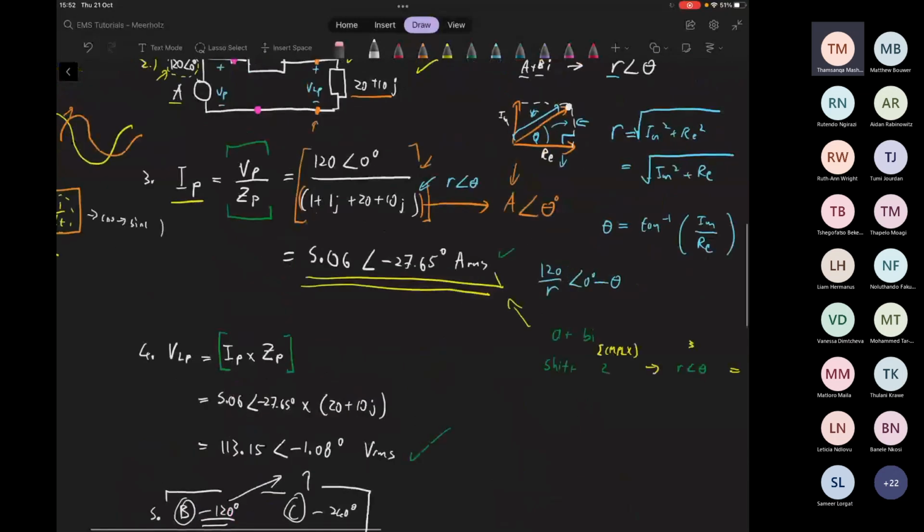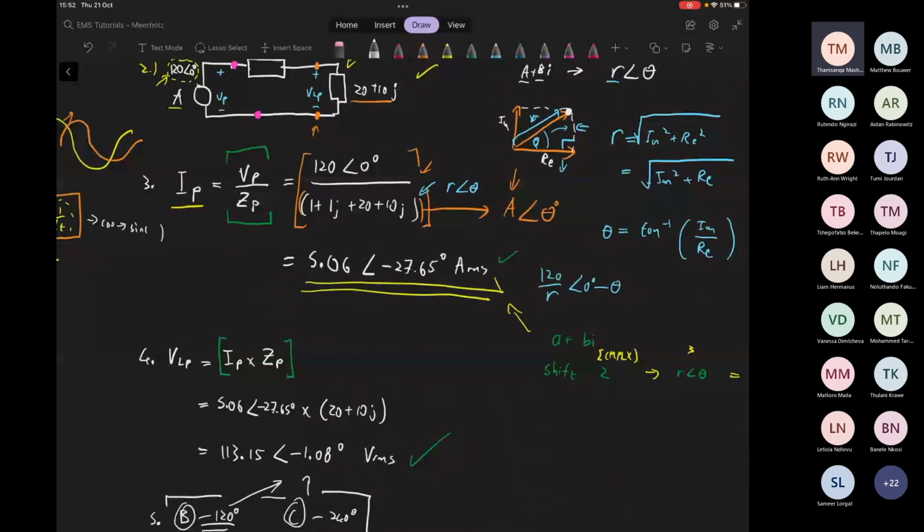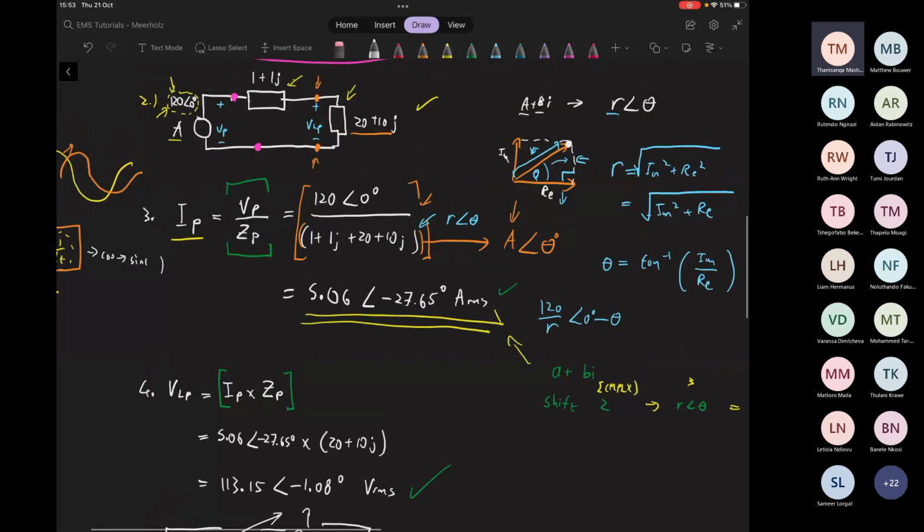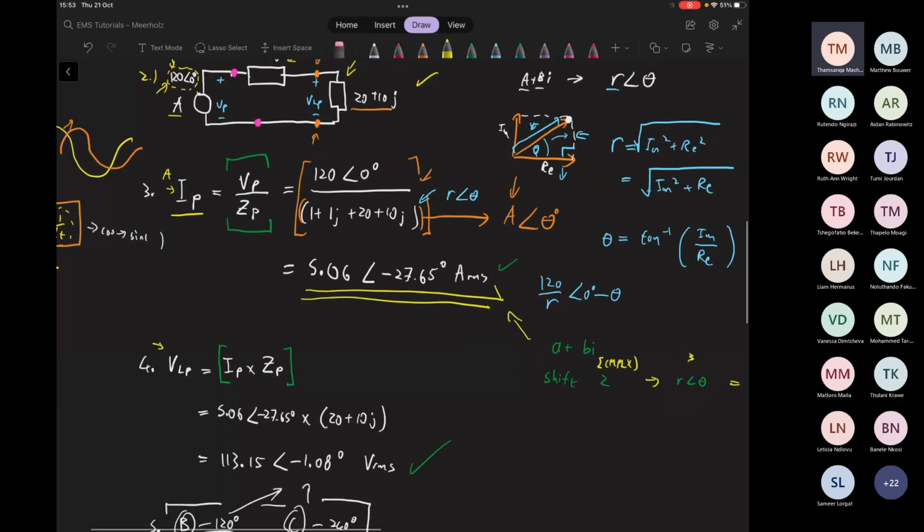Let me just double check. You see, they want the line currents and load voltages for phases B and C. Before, we were working them out for A. This is for phase A, for 3 and 4.